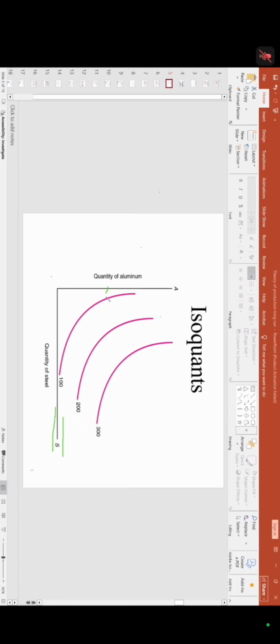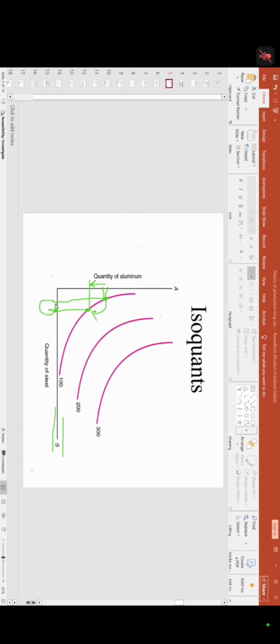We'll take this curve, right? Let's take a point here. So this is one particular point. There's another point here. When you're moving from this to this, what happened? At this point you have to sacrifice this much of capital to increase 1 unit of labor.